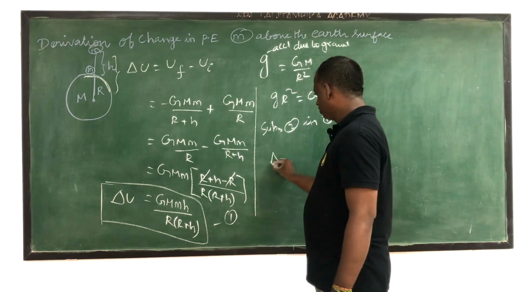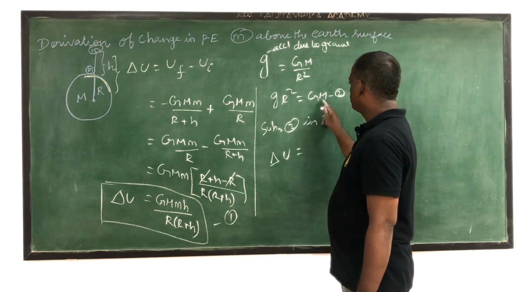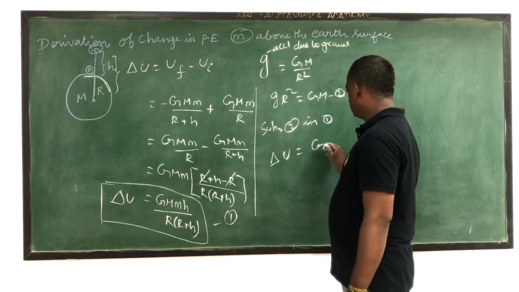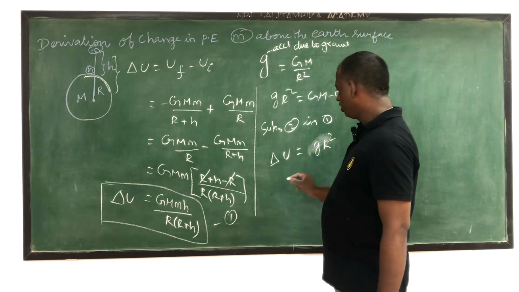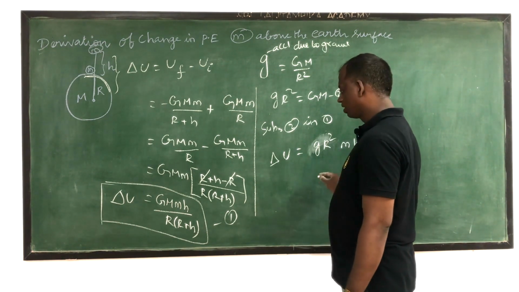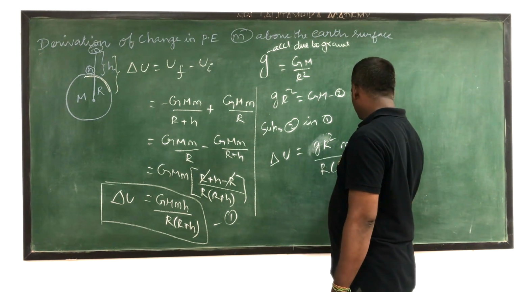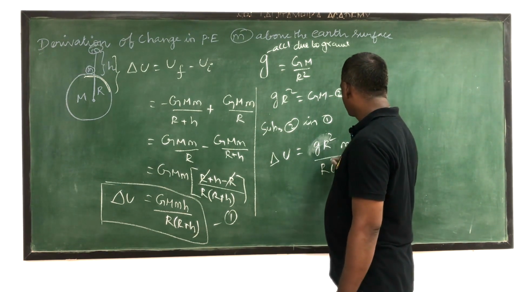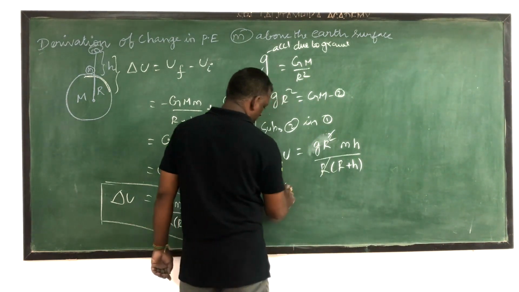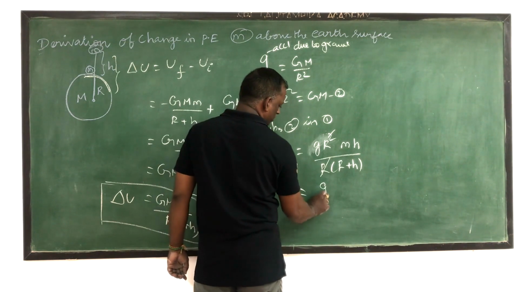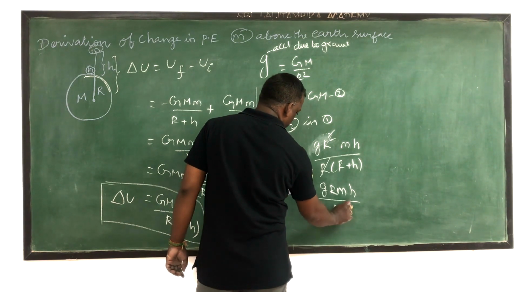So what is delta u? Delta u is equal to G M, so now instead of G M we write small g r square, into m h divided by r plus h. So this r we can cancel. So delta u is equal to g r m h divided by r plus h.